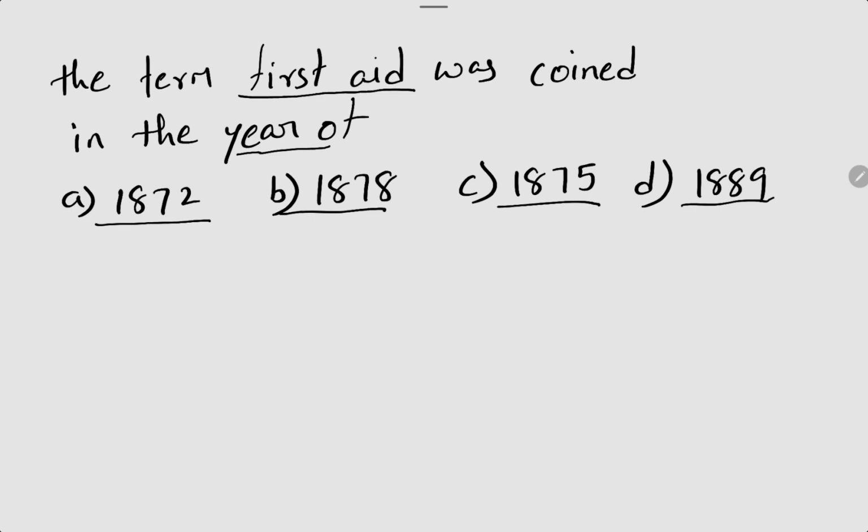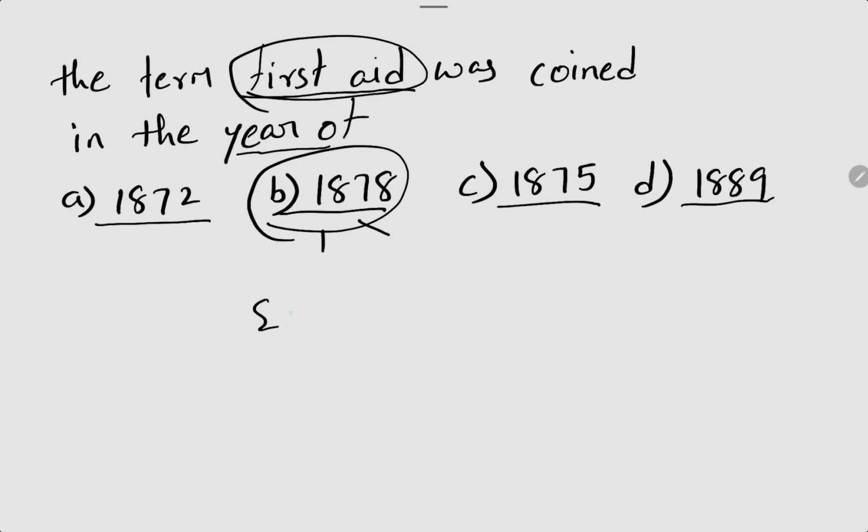The right one is option B, that is 1878. So in that year the concept of first aid came. First aid is nothing but emergency treatment for the patient or the person.